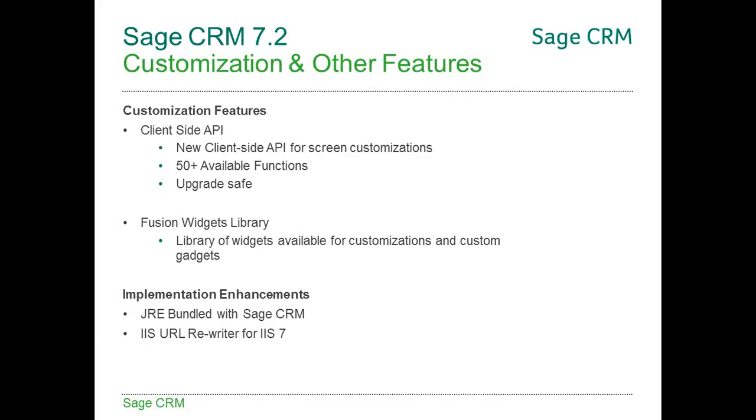Let's take a brief look at the customization and other feature improvements for you. And I think the one that many of us are very excited about, both from an upgradability point of view, but also a design and configuration point of view, is the new client-side API. Now, for those of you that are familiar with maybe using scripting in custom content areas, on-change, on-save type scripts, things like that, very powerful part of the product that lets you control screen behaviors and save routines and things like that.